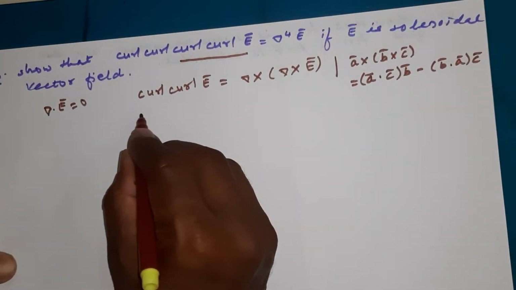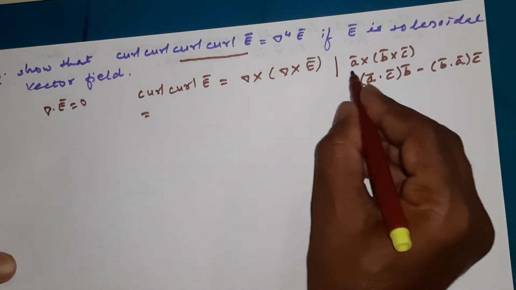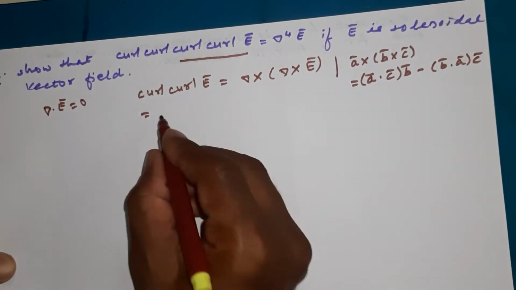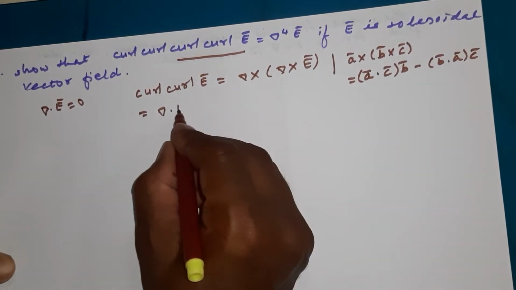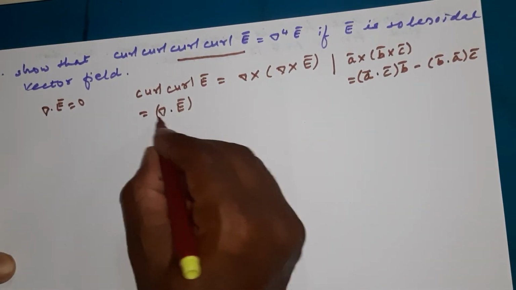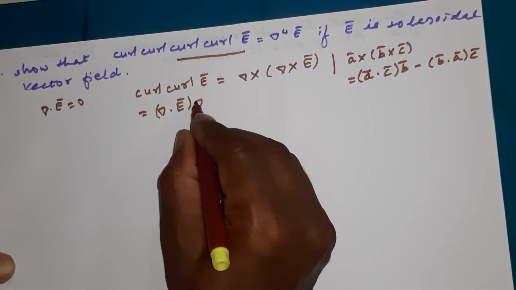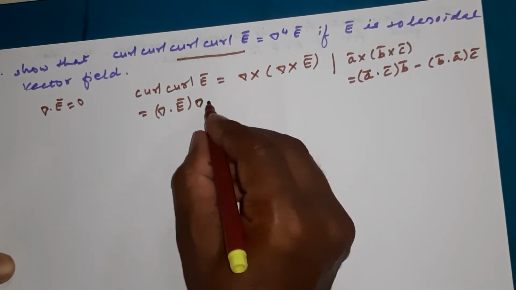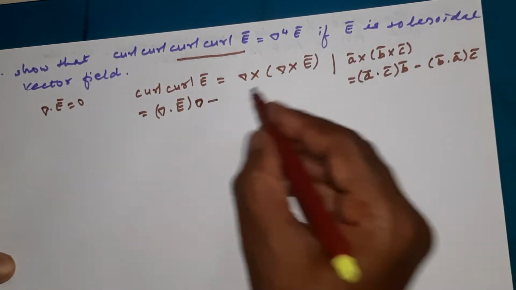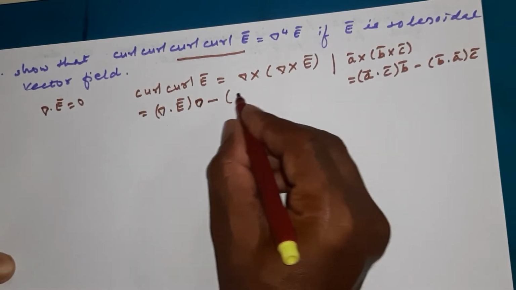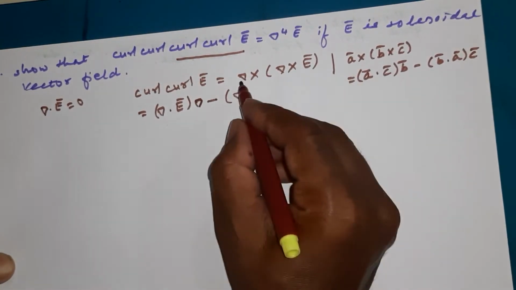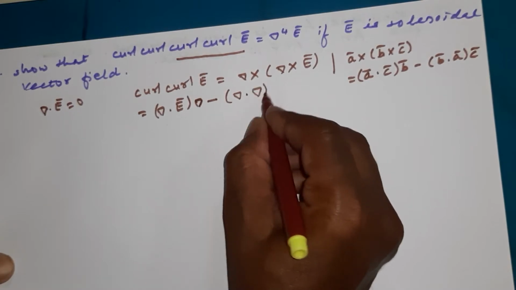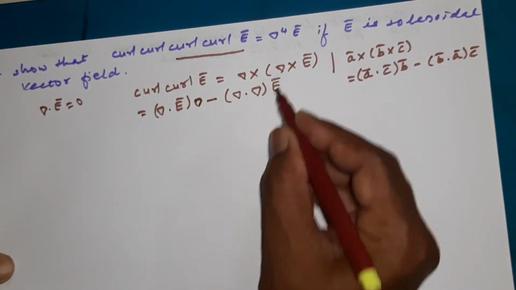So it is equal to, we can write, instead of A bar, del. So del dot, leave this del, E bar, del dot E bar into del, minus, start with B bar, means this middle del dot, leave this E bar, you will get here del dot del E bar.